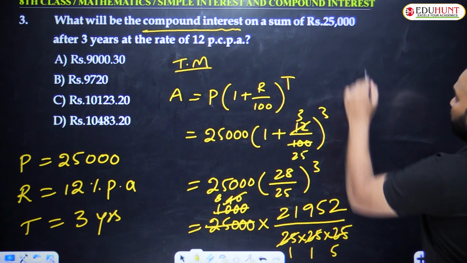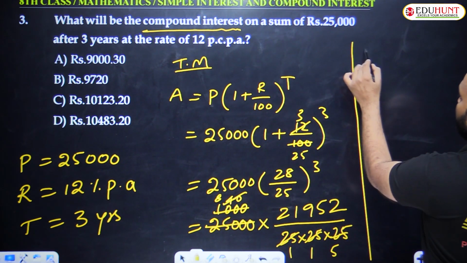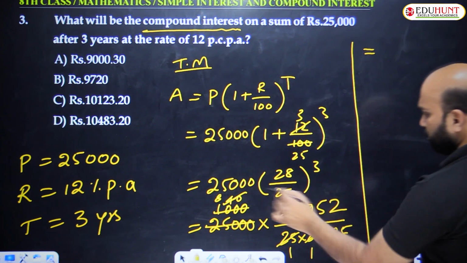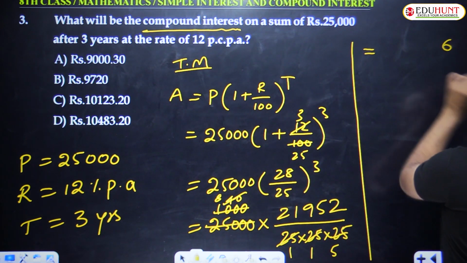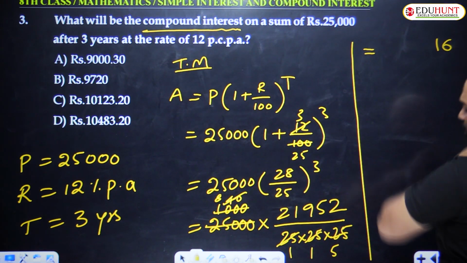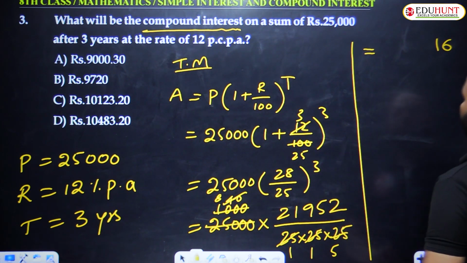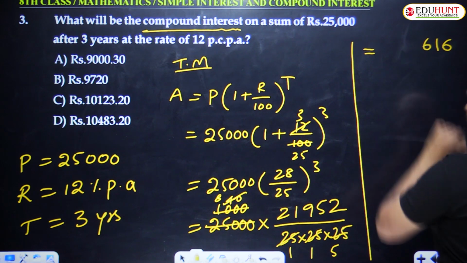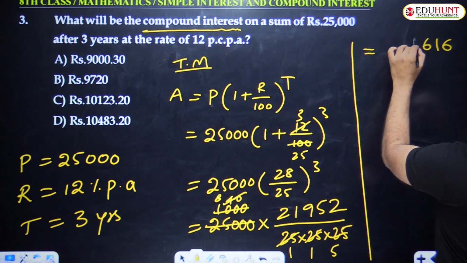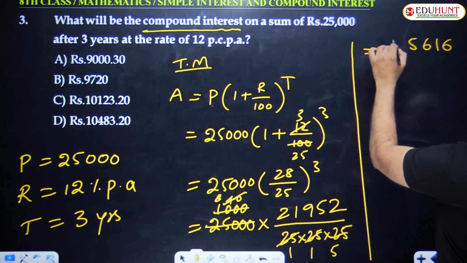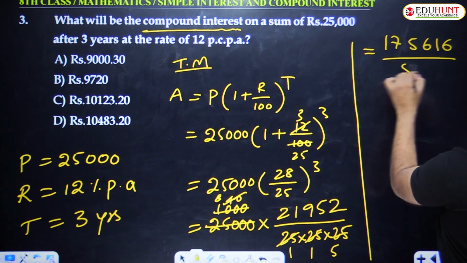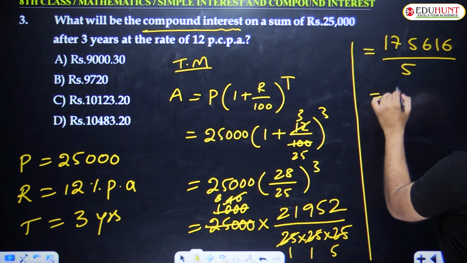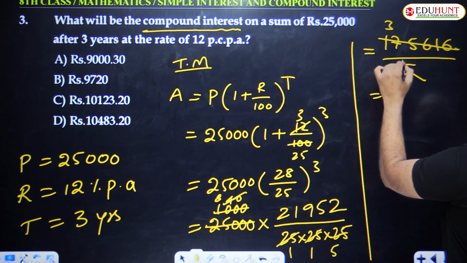Finally, what are you getting? Actually 21,952 into 8: 8 2s are 16, 8 5s are 40, plus 1 is 41, 1 carry; 8 9s are 72 plus 4 is 76; 8 1s are 8, plus 7 is 15; 7 2s are 14 plus 1 is 15, then divided by 5.